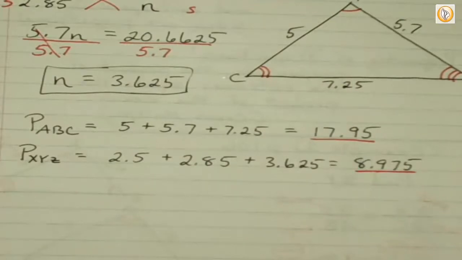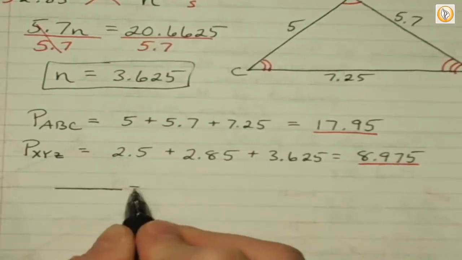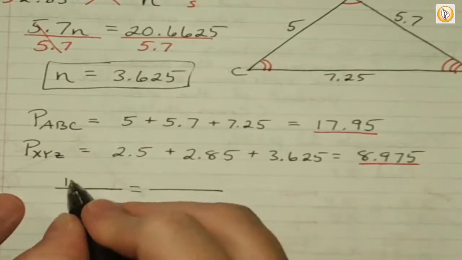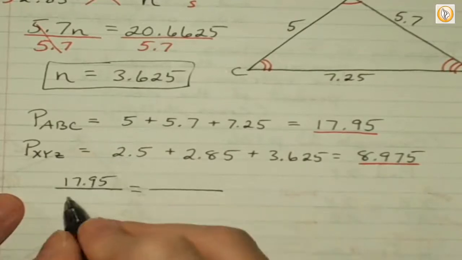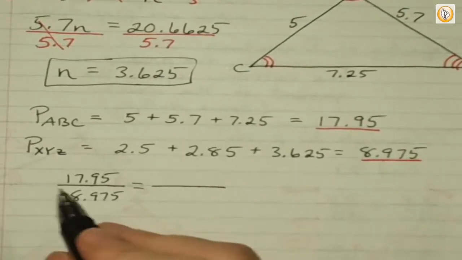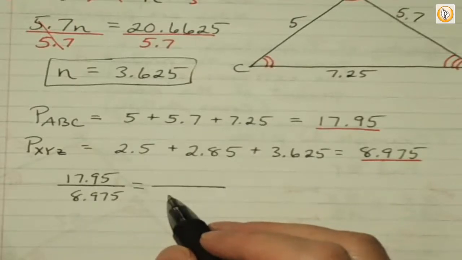Then compare the ratio of the triangles' perimeters to the ratio of their lengths. So, ratio. I'm going to do their perimeters. Remember, ratio of their perimeters to a side.